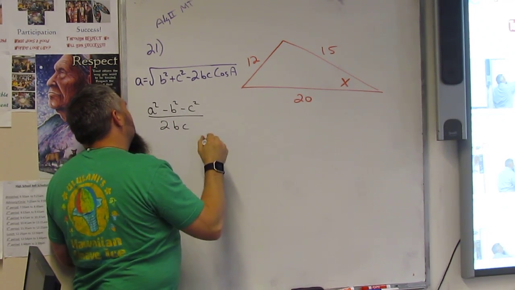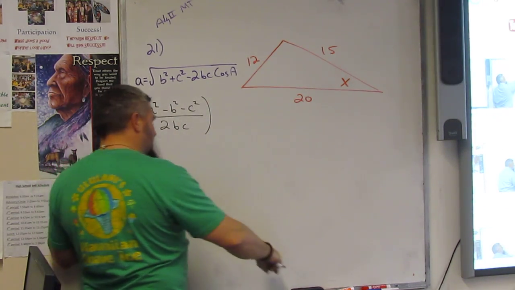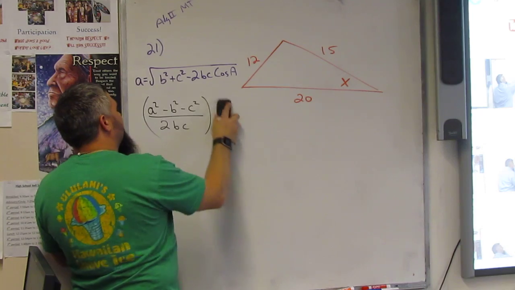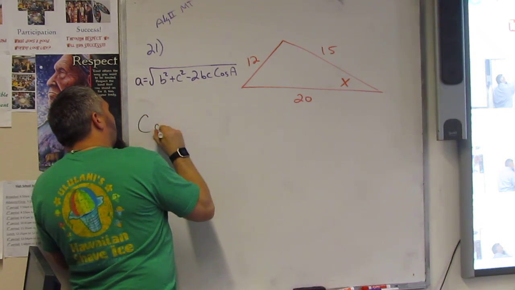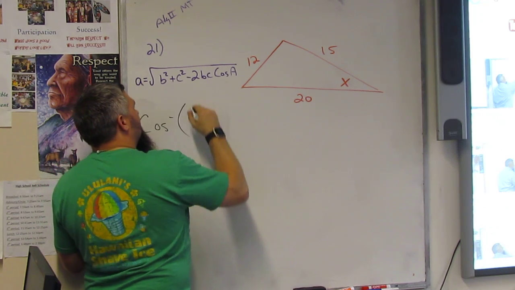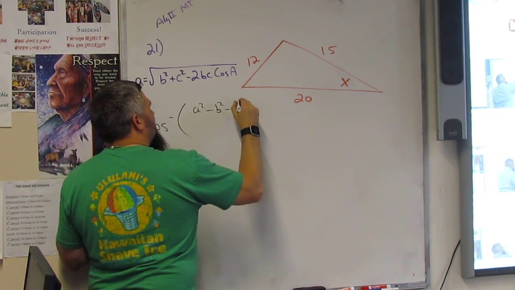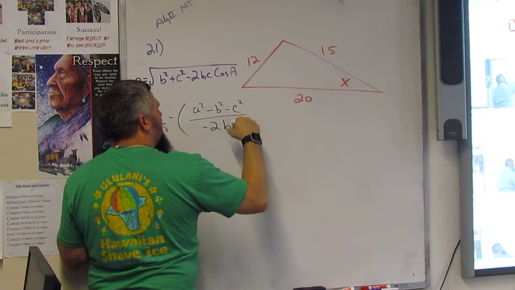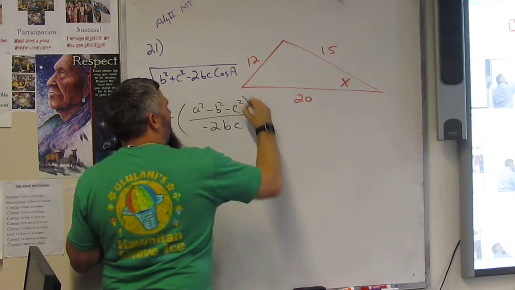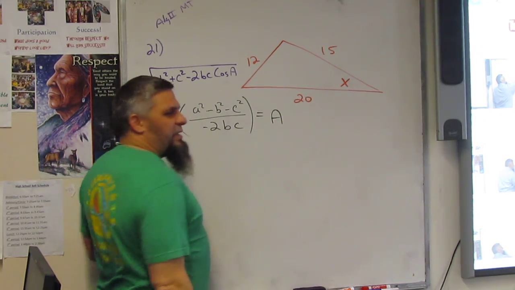And then we said, hey, this has to be the cosine inverse. So let me rewrite that. The cosine inverse of a squared minus b squared minus c squared divided by negative 2bc, notice the bc's, right? This is equal to the angle A.